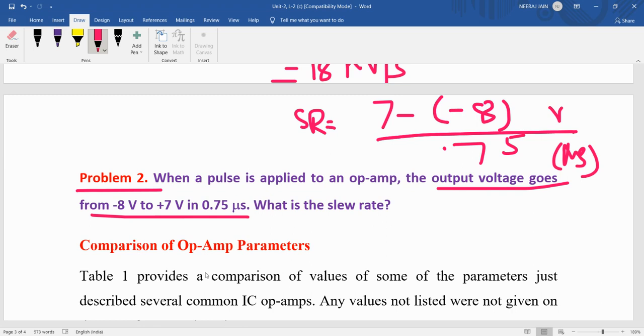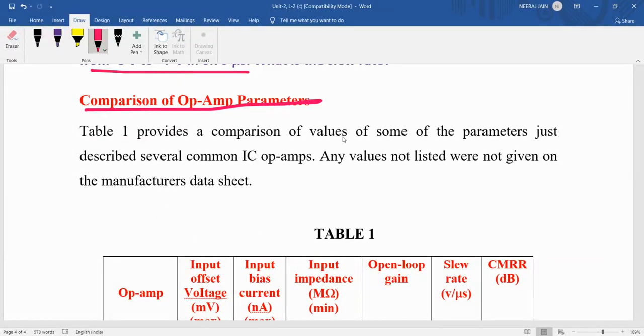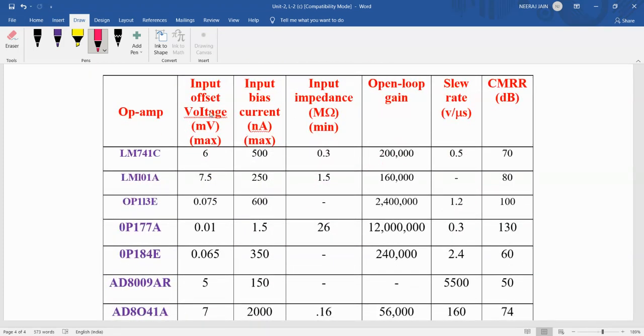Now, comparison of the op-amp parameters. There are different op-amp parameters. The table provides the comparison of values of some of the parameters for several common IC op-amps like the LM741, LM101A, OP113E, and OP177A.